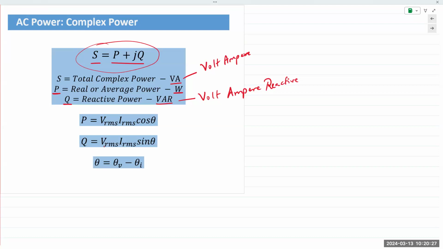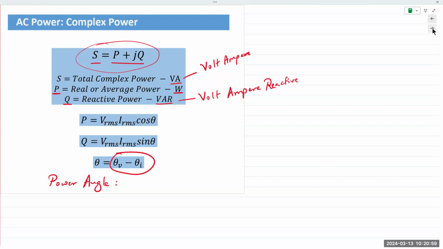This theta is the power angle, the difference between the phase angles of the voltage and the current, theta V minus theta I. Those angles we get from the phasor representation of the source, whether it's the voltage or the current.